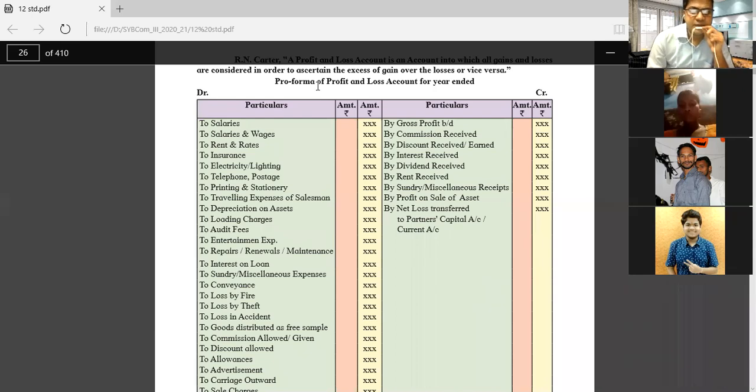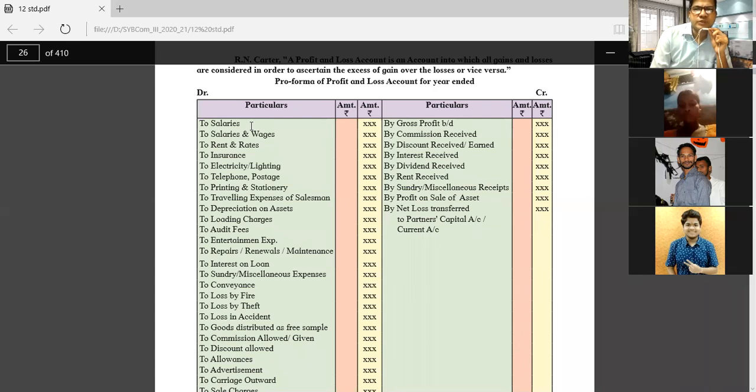Day-to-day business expenses include salary, salary to the employees in the partnership firm. They appoint some employees and they are getting some amount of salaries. The whole year's salary we will put on the profit and loss account debit side.